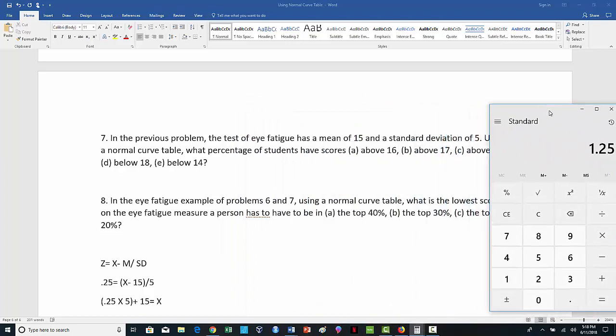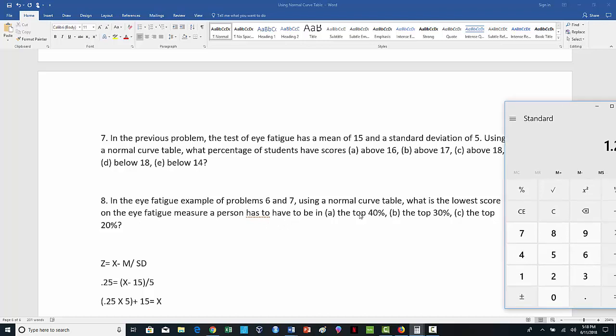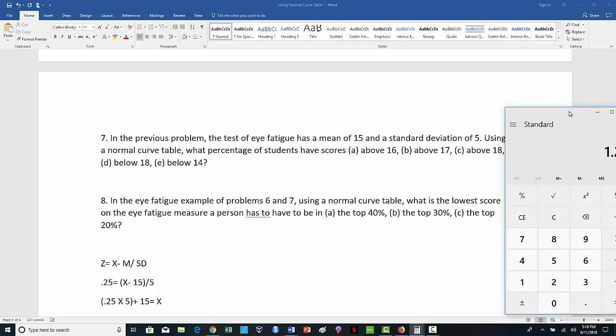So again, also think about, does this make sense for the question? The question was asking, what's the lowest score a person has to have to be in the top 40%? So if they're in the top 40%, you know that's above the mean. So the score you get should be above the mean.